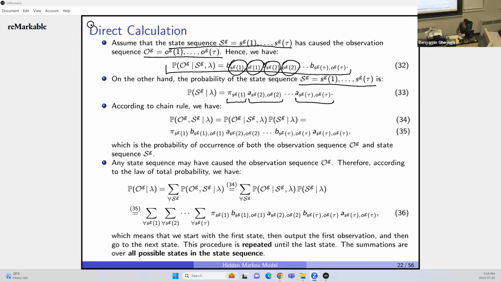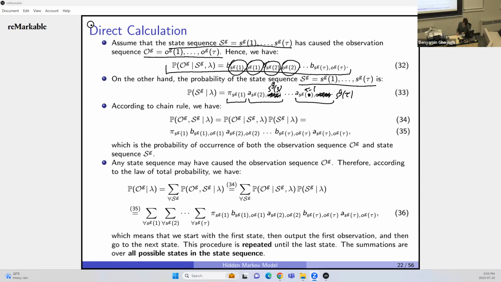Sorry, I apologize, it's a typo. This should be SG. So this should be tau -1 and tau, right? So the probabilities of going from one state to the next state in the sequence.